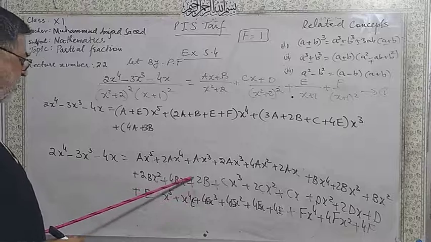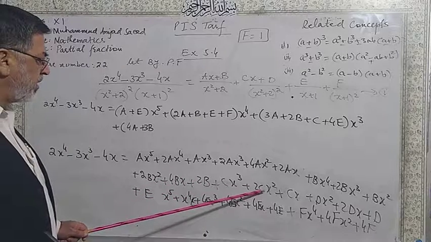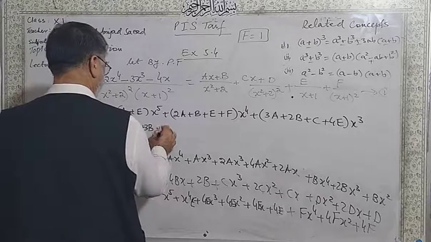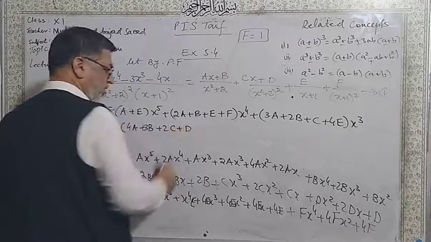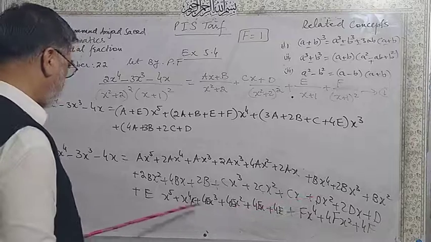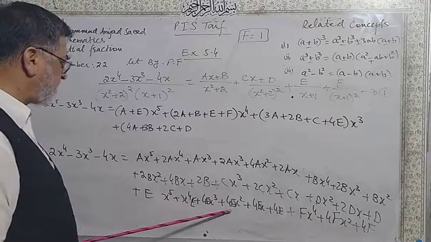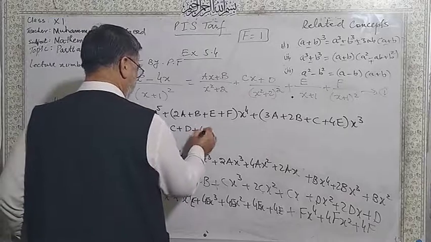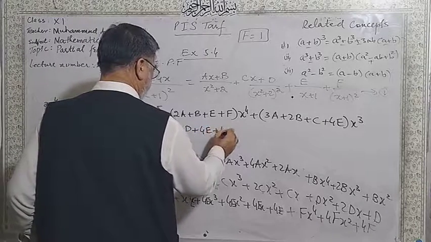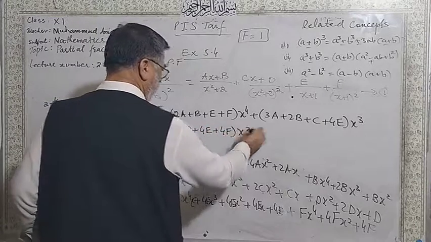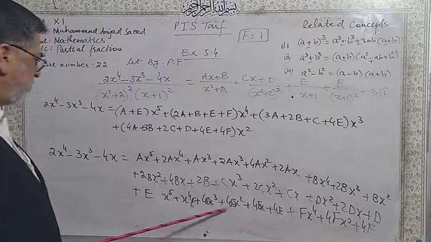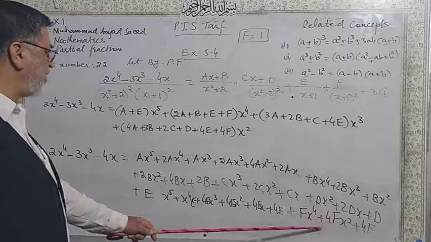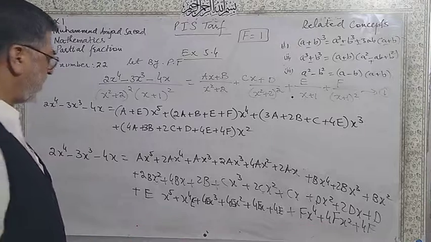So 3b, after that 2c plus d plus 4e and plus 4f into x square.